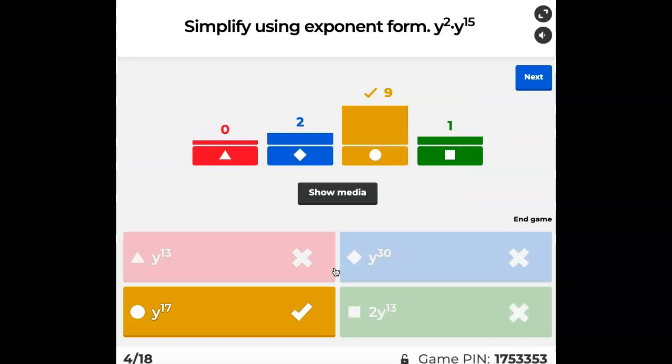Okay, again, we add the exponents. So there are still some of you who are subtracting. You only subtract when you divide. And some of you multiply the exponents. You don't multiply the exponents. We only add the exponents. So that's y to the power of 17.